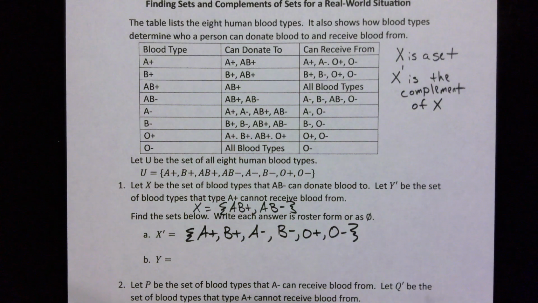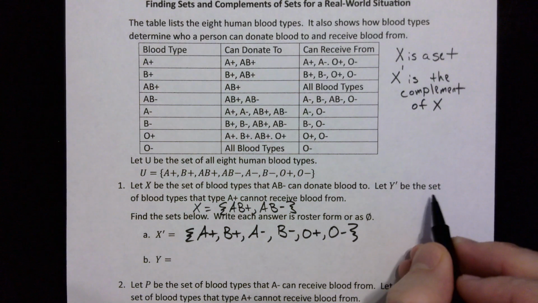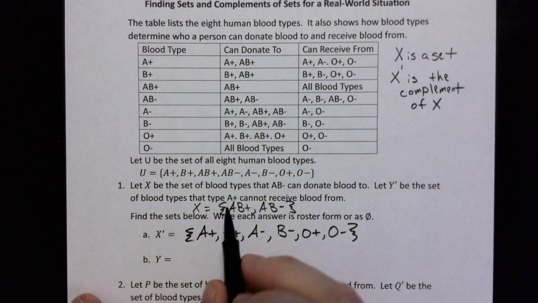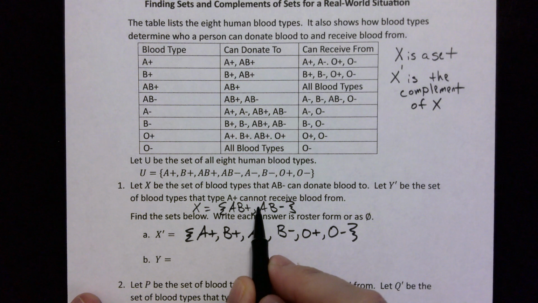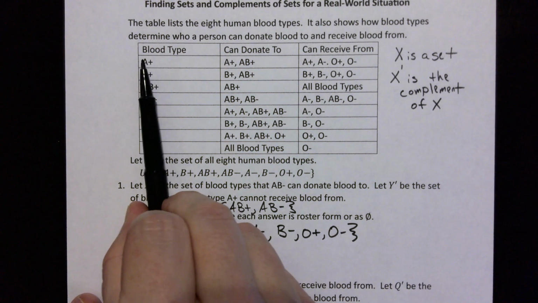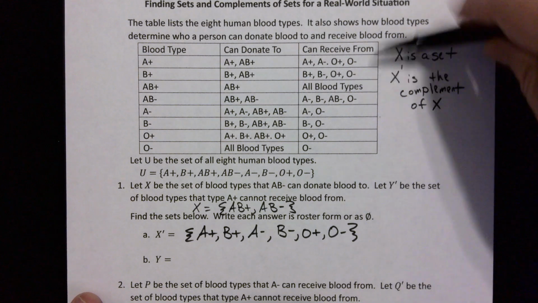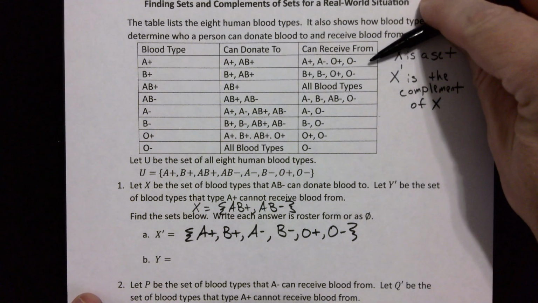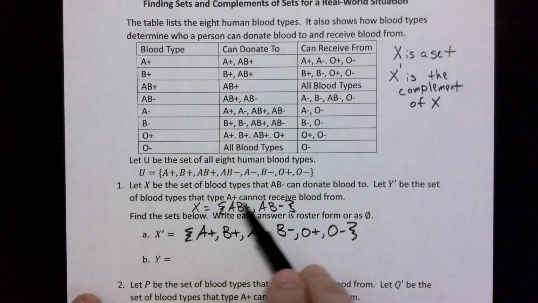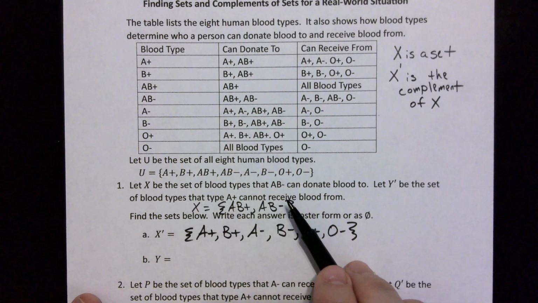Next question. Let Y prime, that's Y complement, be the set of blood types that A plus cannot receive blood from. So let's go to A plus. These are the sets that it can receive from, but Y complement says all the blood types that it cannot receive blood from.